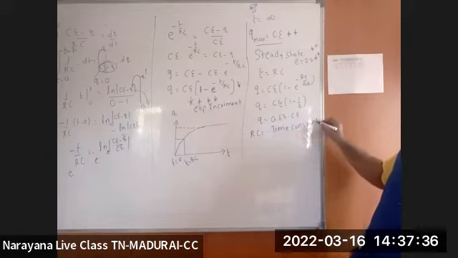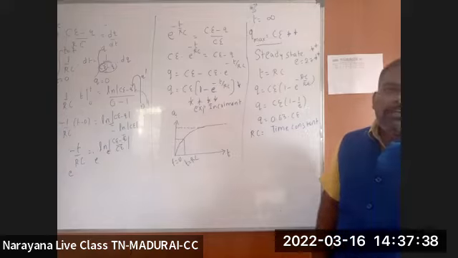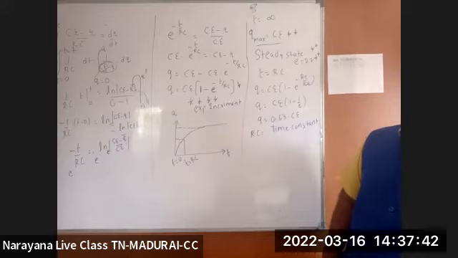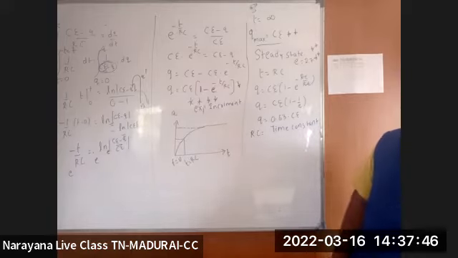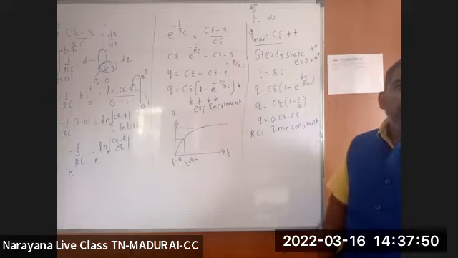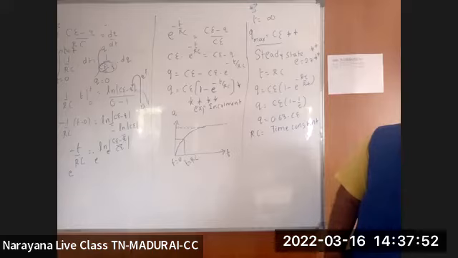How can you define the time constant here, friends? Respond. The time taken when the capacitor is under the charging process, it is the time taken to accumulate 63% of the maximum charge.